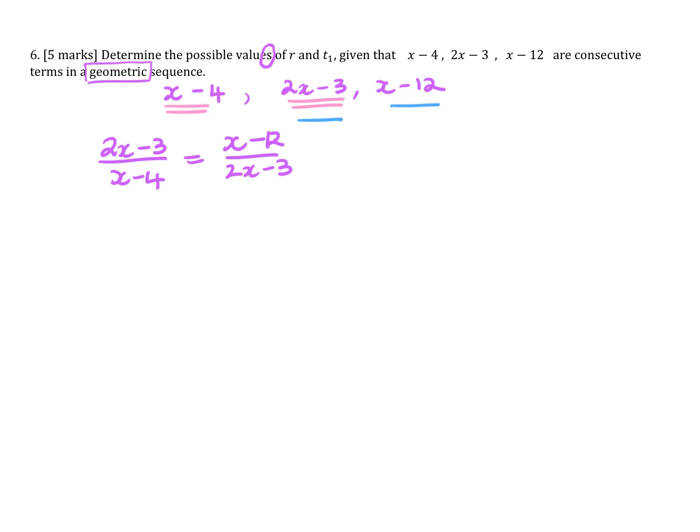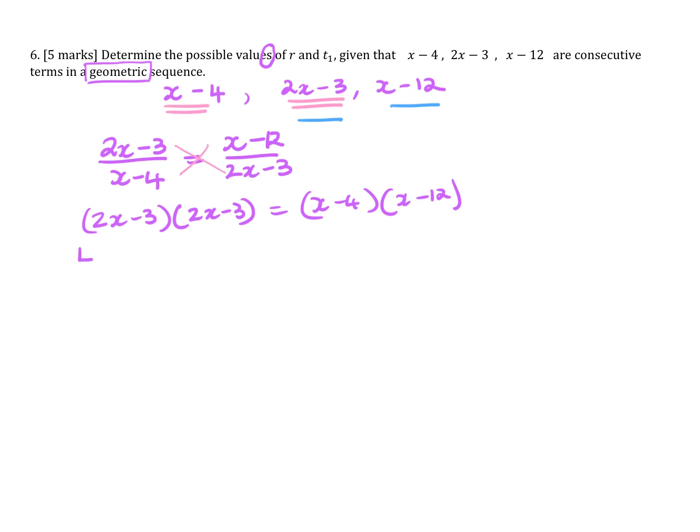Okay, we've just got to solve this now. So we're going to cross multiply. 2x minus 3 times 2x minus 3 is equal to x minus 4 lots of x minus 12.